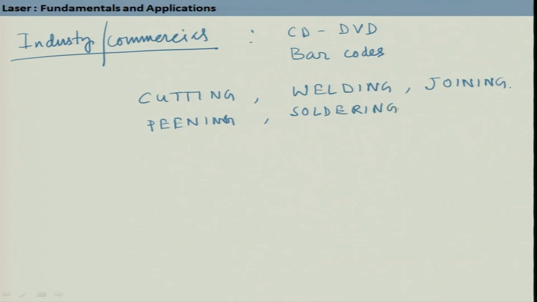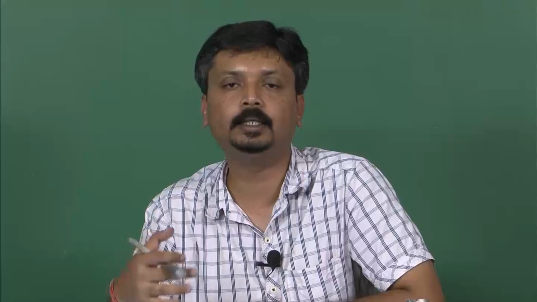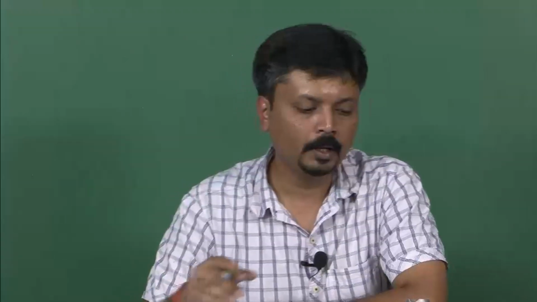These are processes which metallurgists use very often, and in industry they are done on a large scale, and all of these processes can be done using lasers. So there are now terms called laser cutting, laser welding, laser pinning, and so on.